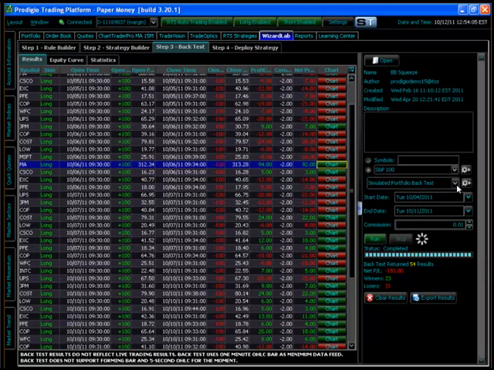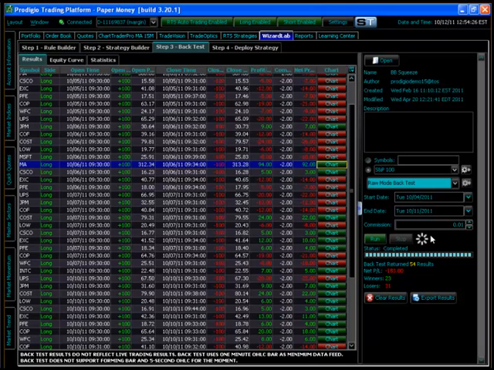It's very simple. It also has a raw mode option. The raw mode option is very important because raw mode will show you all of your signals without being restricted to the parameters of the simulated portfolio. In other words, the simulated portfolio gives you realistic limits.